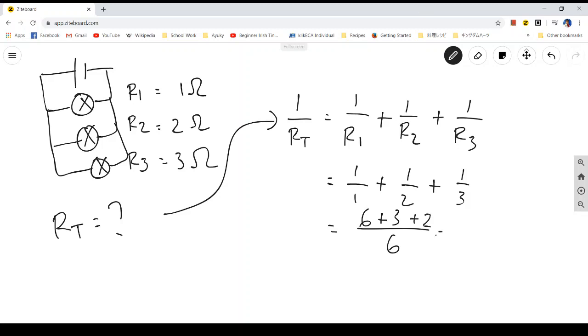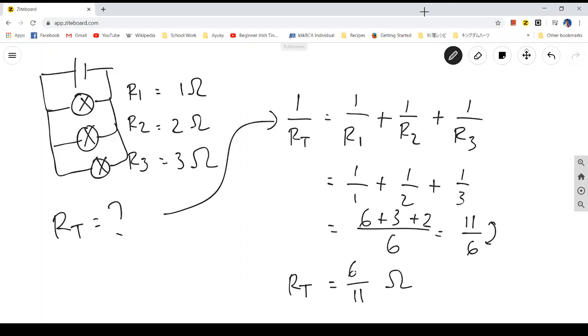And this returns a value of 11 over 6. So in order to get RT, we have to flip the fraction, remember? Okay, so the numerator becomes denominator and vice versa. We've got a total equivalent resistance of 6 over 11 ohms.